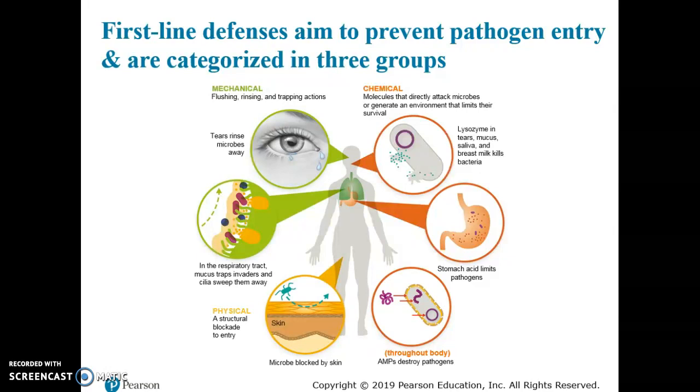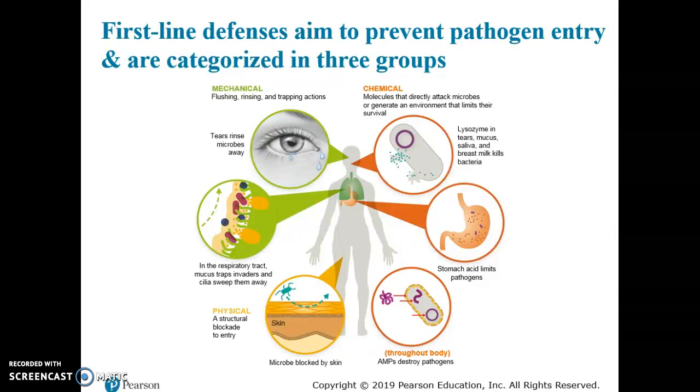Also mechanical would be peristalsis, urinating, moving material out of the body as a mechanical process. And then chemical. Chemical defenses are those chemicals that are around all of the time. There is a chemical called lysozyme. I think we've talked about lysozyme before.